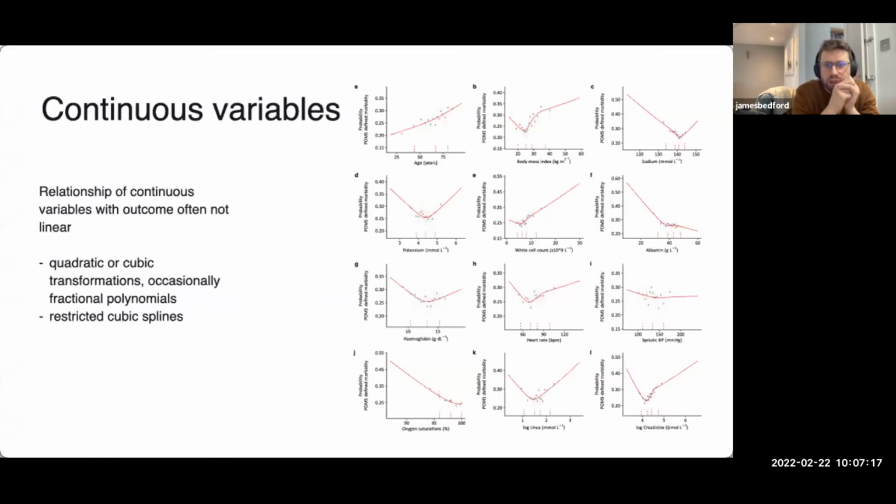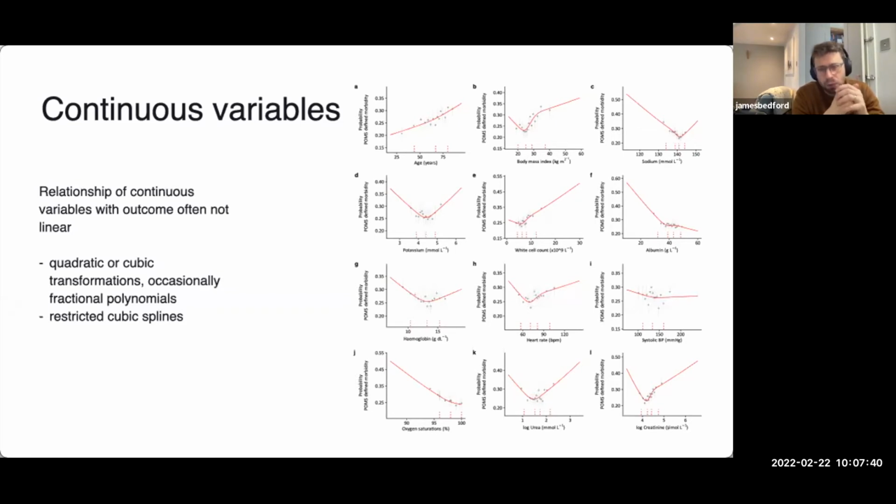Now the continuous variables, so these are the 12 continuous variables that we had in the model, and they're at least initially in the 31 variables that we had for consideration. And often their association with outcome isn't linear, often ends up being U-shaped or J-shaped curves, as you can see here. And they can be handled in different ways.